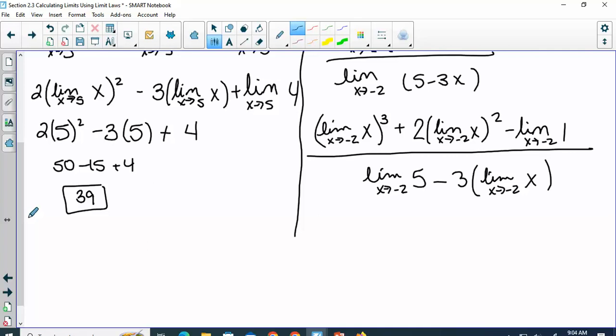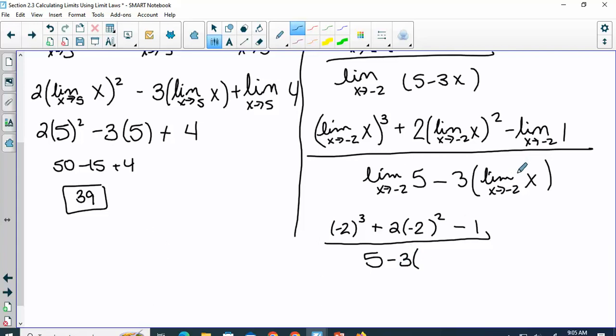Now, we should be able to evaluate this using those same two properties. So the limit as x approaches negative 2 of x is going to be what? Negative 2 cubed, plus 2 times the limit as x approaches negative 2 of x, which is negative 2, and that was squared. Minus, what's the limit as x approaches negative 2 of 1? What's the limit as x approaches negative 2 of 5? 5, because it's constant.